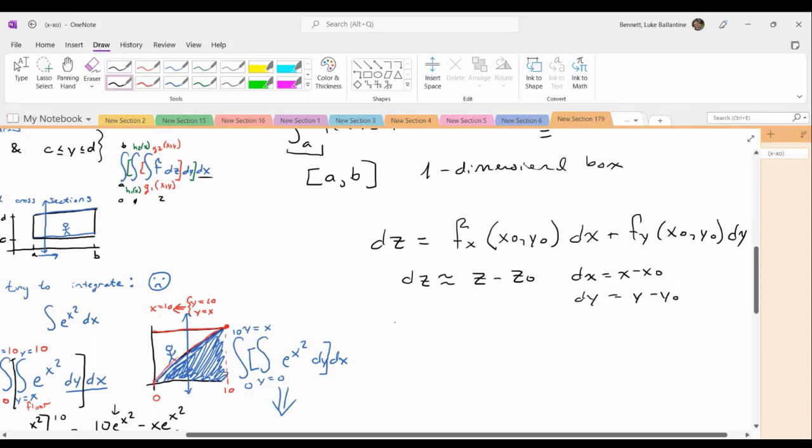So if we convert this, we have z equals z0 plus f_x times x minus x naught plus f_y times y minus y naught.